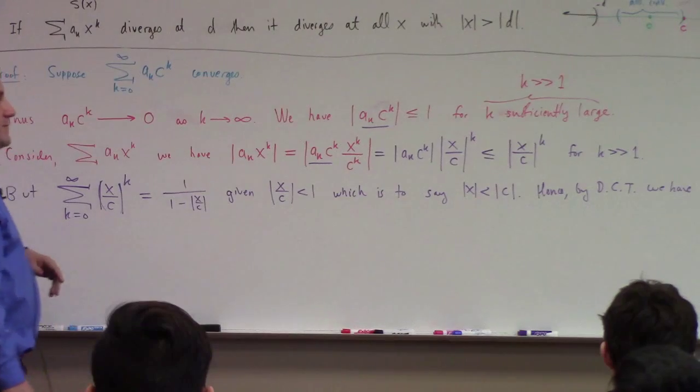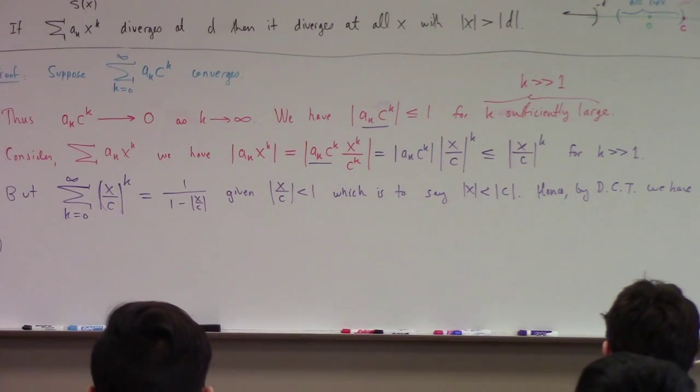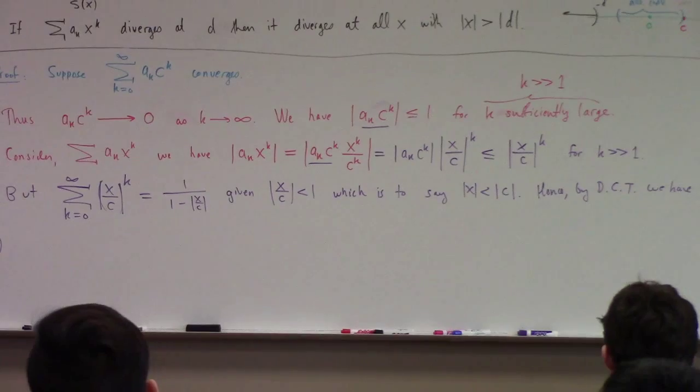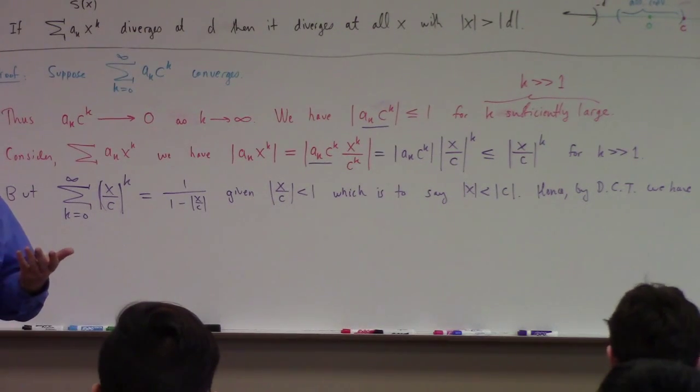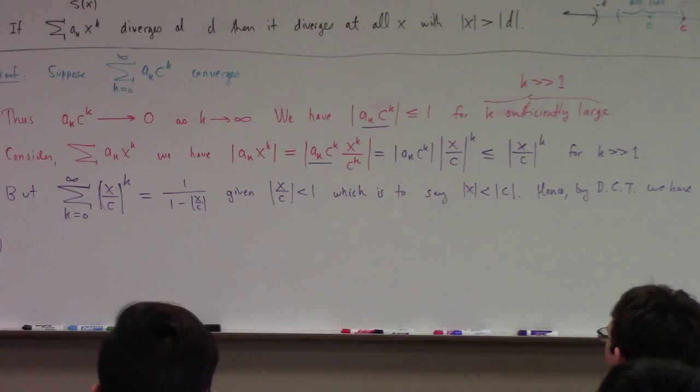If it diverged at D, and you suppose that there was some C larger than D for which it actually converged, then that would imply that you have a larger series which converges relative to the series which diverges.